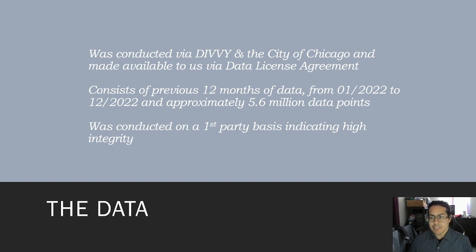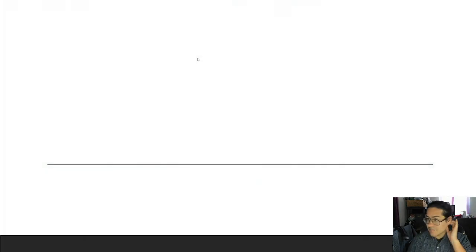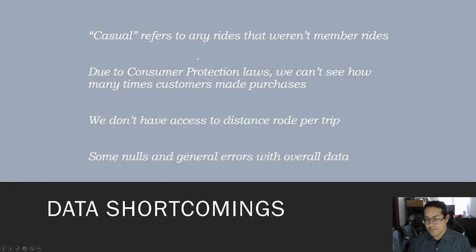Now, for the data itself, it has the previous 12 months of data from January 2022 until December 2022, which is comprised of approximately 5.6 million data points. Now, just because the data to me has a high level of integrity doesn't mean that it's perfect.